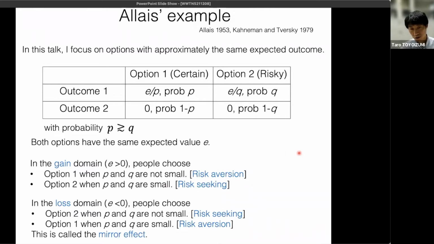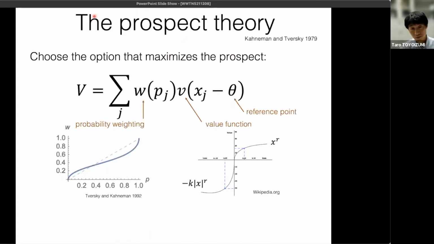There is a theoretical attempt to explain this kind of behavior. This is the famous prospect theory by Kahneman and Tversky. They introduce this formulation that people choose the option that maximizes the prospect. The prospect V is defined by this formula. It has some ingredients. One ingredient is that they distinguish objective probability pj and subjective probability w(pj).